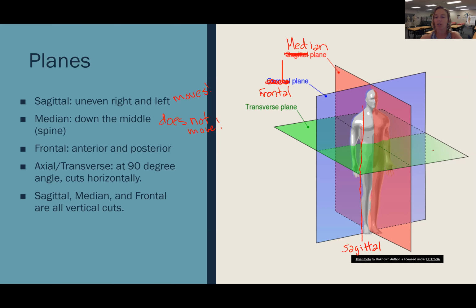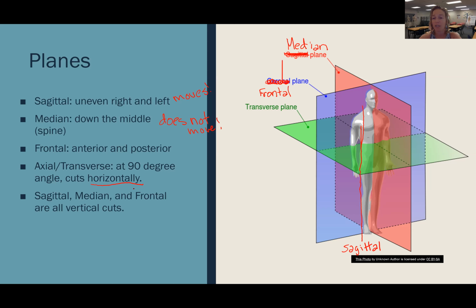So you're getting this green plane is our transverse plane, and it cuts horizontally. It is the only plane that cuts horizontally, okay? So we can remember transverse, horizontal, and all the rest of them are vertical.